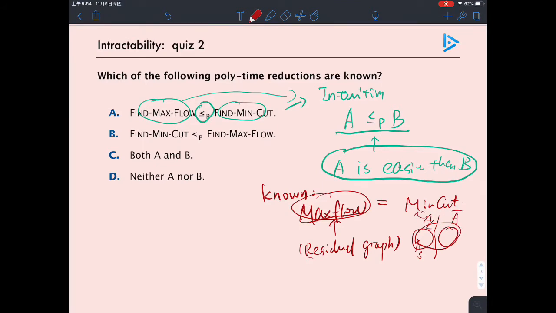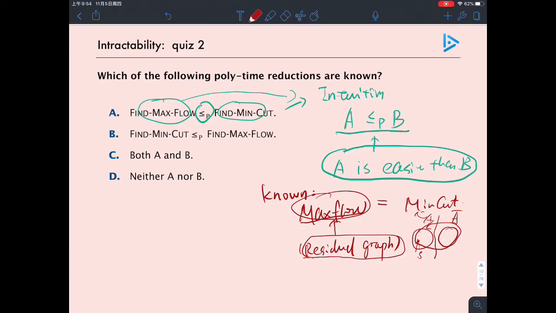So basically that means that when we use our greedy algorithm, we can find both the max flow and the min cut. When we know the min cut, then by the duality theorem, we immediately know the max flow. And when we know the max flow, we also know the value of the min cut, right?